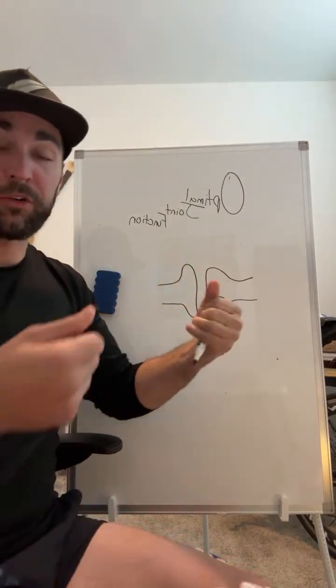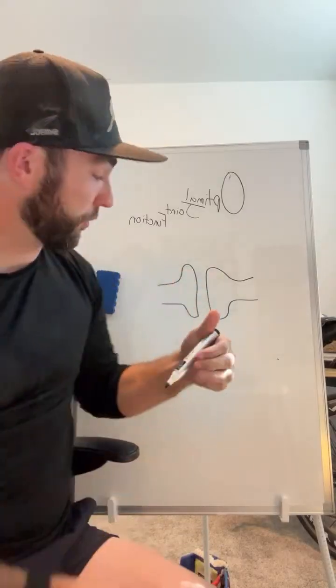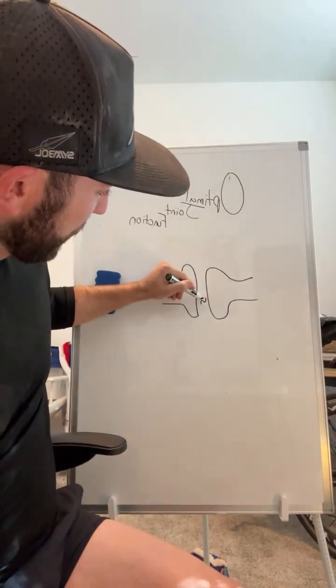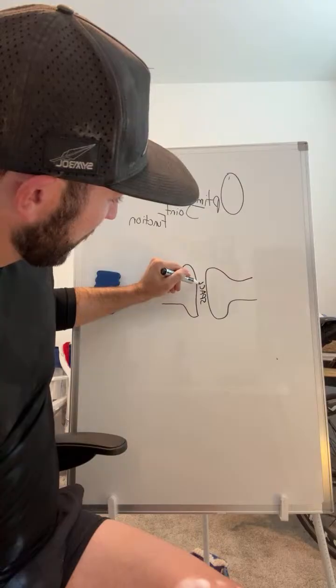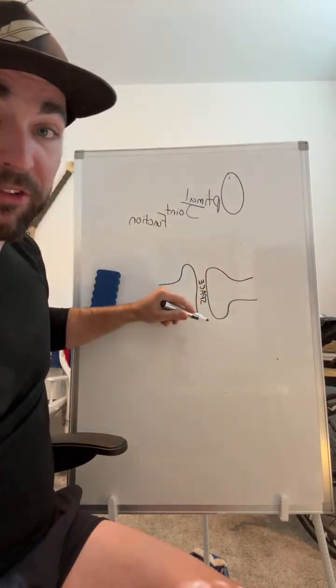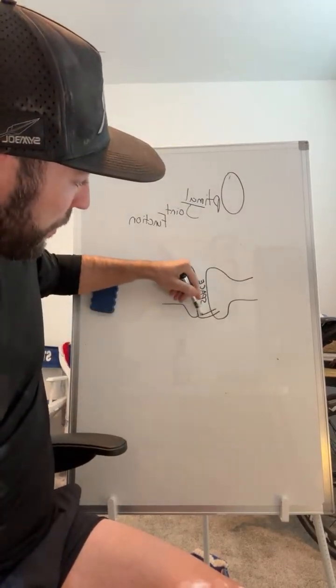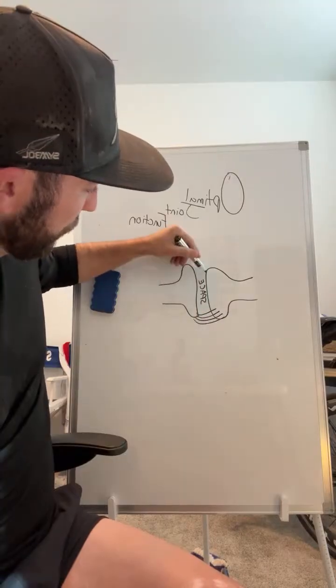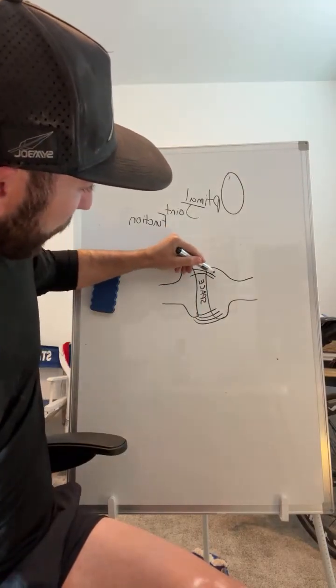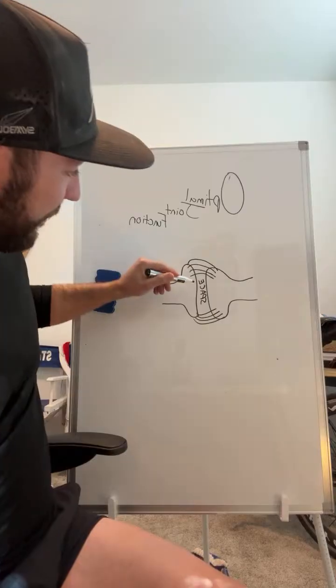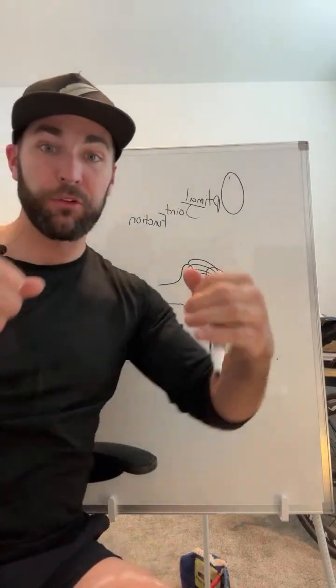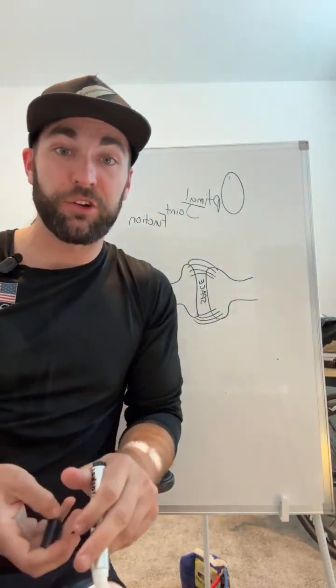And where two bones come together, there's going to be space between the two bones. And that space is actually going to be surrounded by a deep layer of connective tissue, which we call the capsule in my world. And that space between the two bones allows for what we call relative motion, or for two bones to move independently of each other.